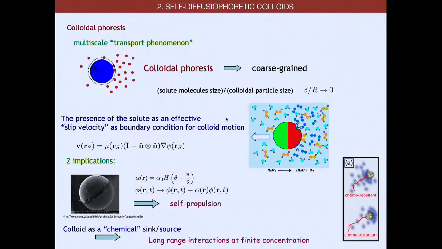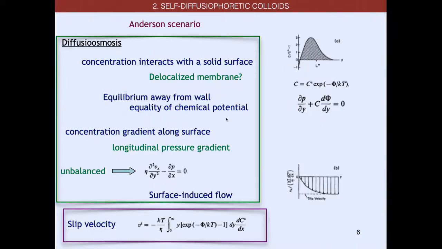And phoresis is a classical subject in colloidal physics or in soft matter, and there is a nice review by Anderson that explains all these different mechanisms of phoresis, thermophoresis, diffusiophoresis, electrophoresis, and how they can be understood in the same framework.